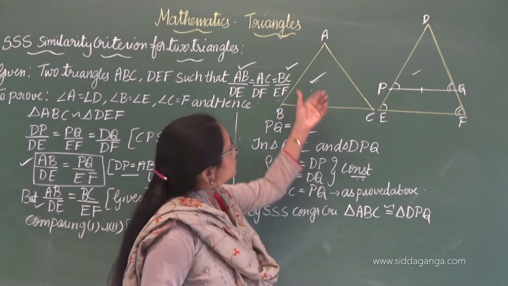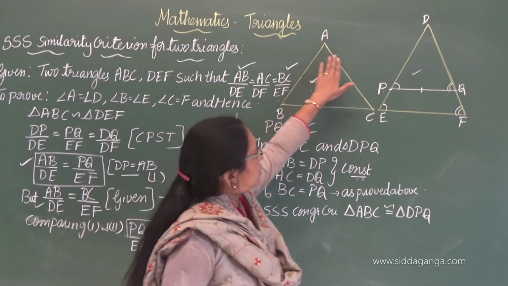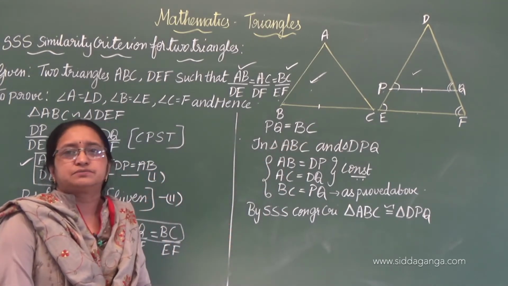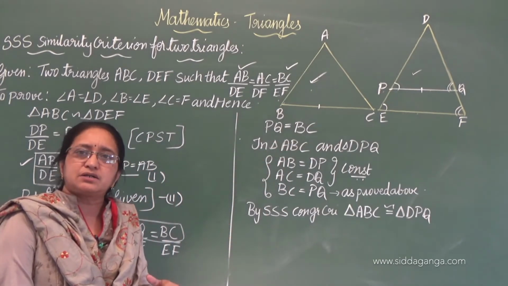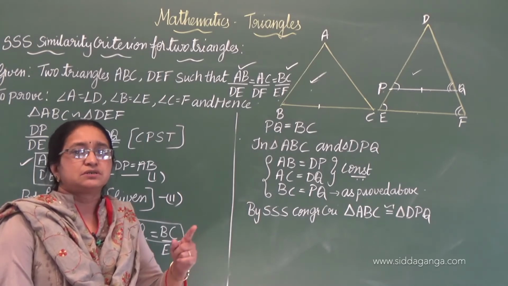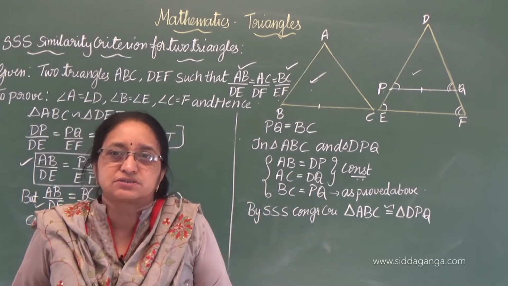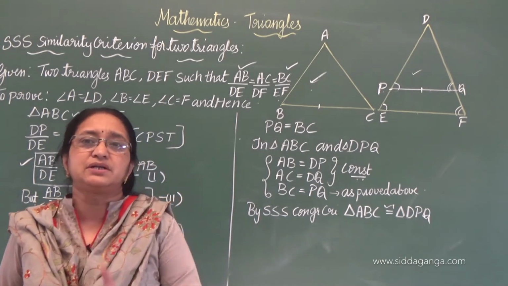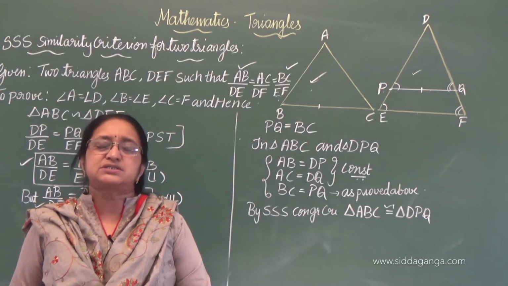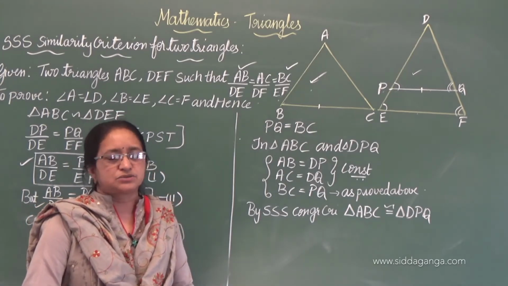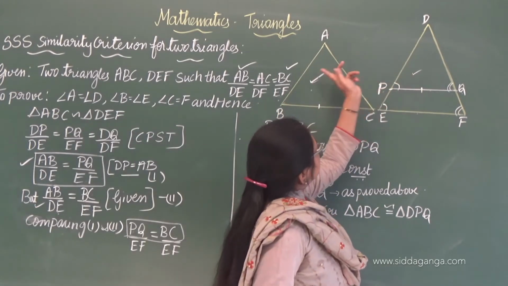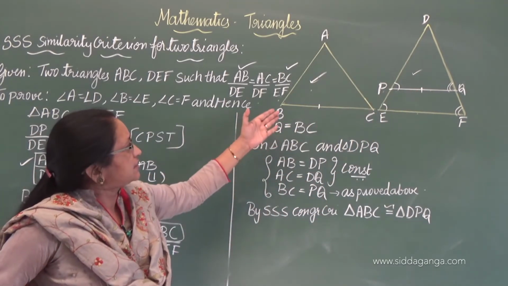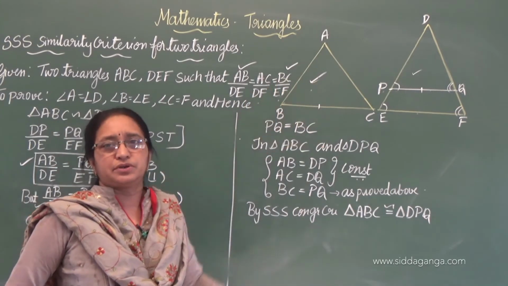Now, I hope at the introduction class I had told, see, once triangle ABC is congruent to triangle DPQ, then all congruent figures are similar. So, it was the introduction class, the first exercise. All congruent figures are similar, but all similar figures are not congruent, you all know that. So, now these two triangles are congruent means definitely we can directly write that ABC is similar to DPQ.